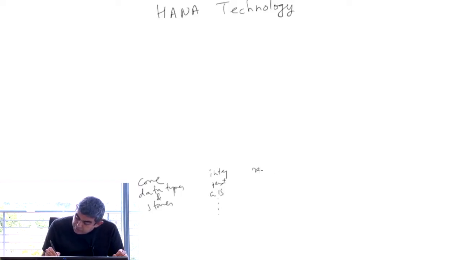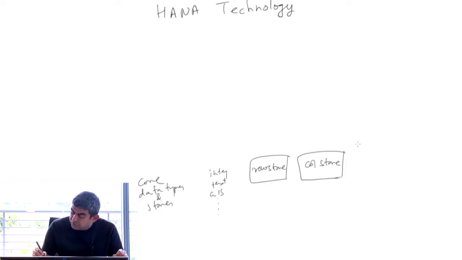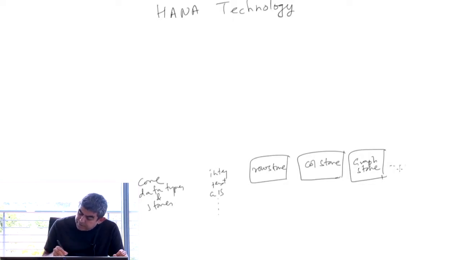And then these are stored in the row store, in the column store. We also have the graph store that we are working on, and other stores that we can add later on. And text we use the column store for.